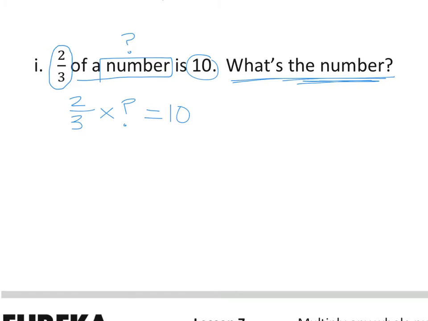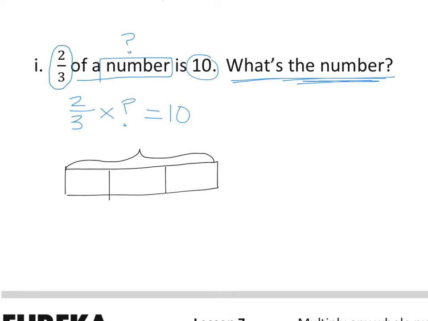And so if I thought about it from the tape diagram perspective, I know that my tape diagram would have to be broken up into 3 equal parts, so I need 2 lines. And then I know the whole is not 10, because normally the number that we put as the whole is the one next to the multiplication sign, which right now we don't know.